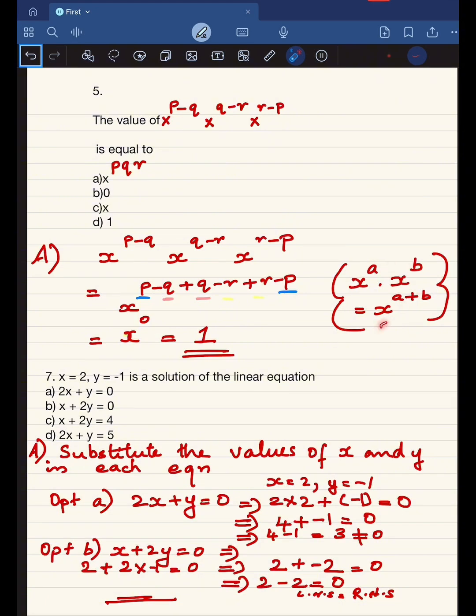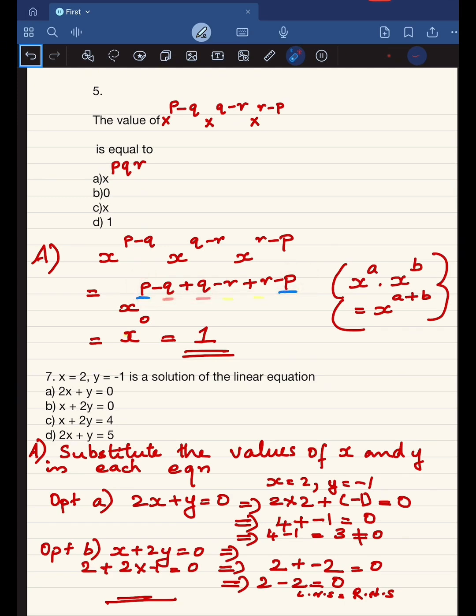So we can write this expression as x raised to, because all the bases are the same, we can add all these together: p minus q plus q minus r plus r minus p. Then we have to simplify this.